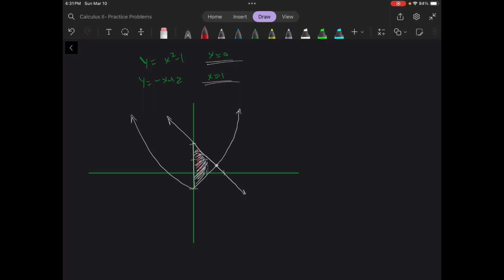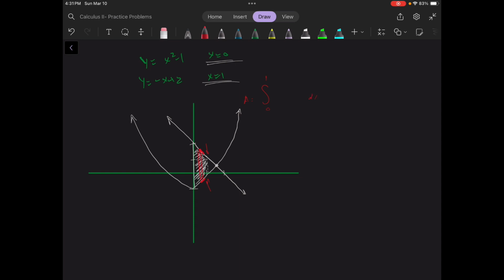if we take a slice like this, what is the length of that slice? Well, it's just whatever this function is at minus whatever this function is at. That tells us that the displacement between the two functions is this function minus this function. So we're going to integrate between 0 and 1. This is area.